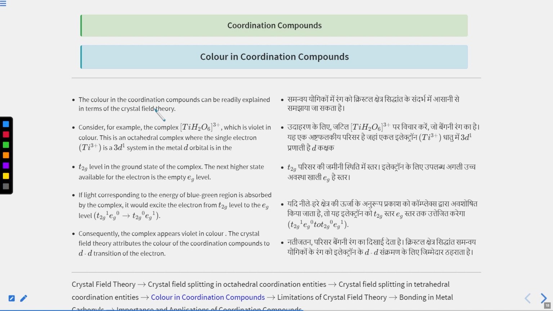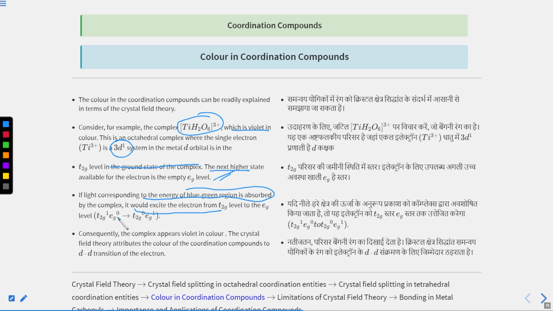Now, the color in the coordination complex: suppose we have [Ti(H2O)6]3+, which is violet in color. This is a d1 system. The electron is in the t2g level in the octahedral complex, and the next higher is the eg level. Now, if light corresponding to the energy of a blue-green color is absorbed, it would excite the electron from t2g to eg.